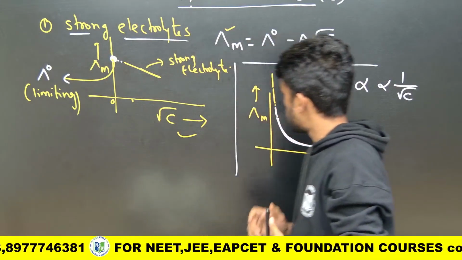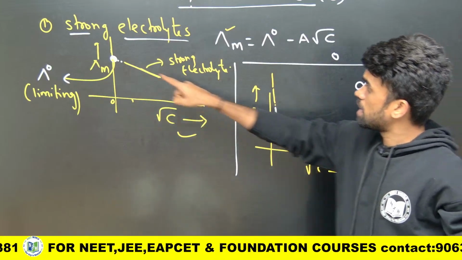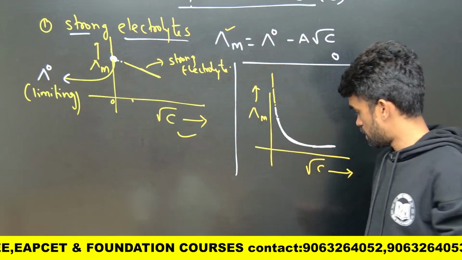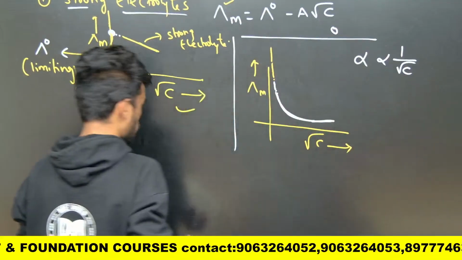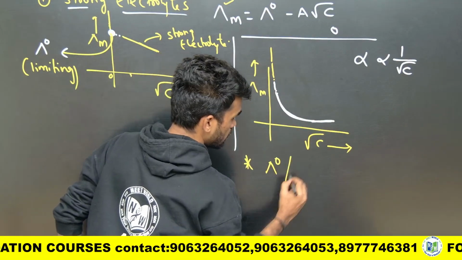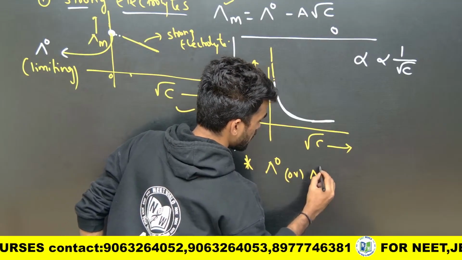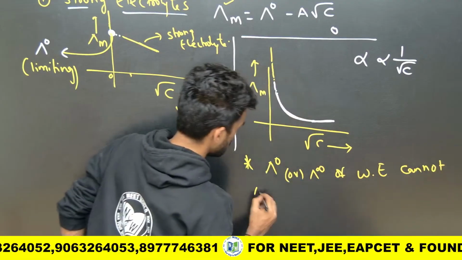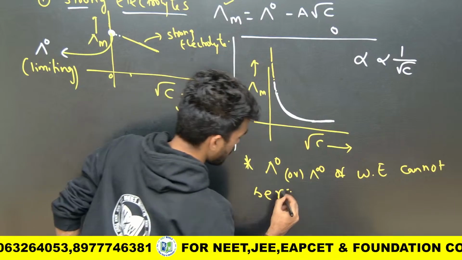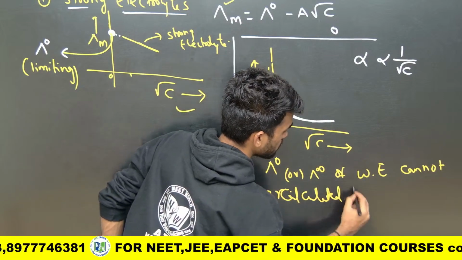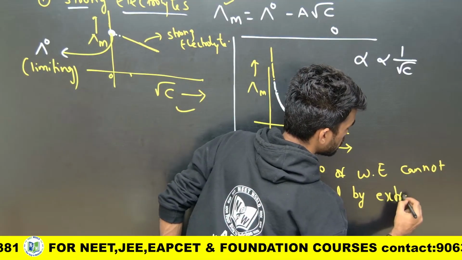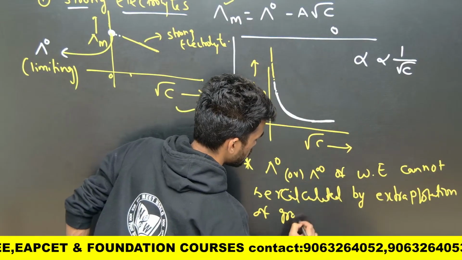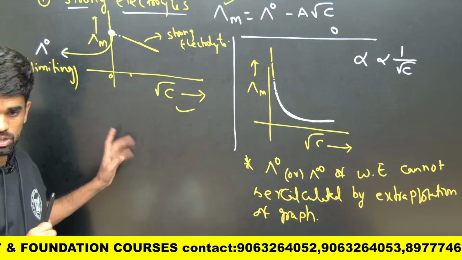One more thing you need to know: the limiting molar conductivity of strong electrolytes we have calculated just by extrapolating, but it is not possible in the case of weak electrolytes. So the point we need to highlight here is that Lambda naught, or Lambda infinity, of weak electrolytes cannot be calculated by graphical extrapolation of the graph for weak electrolytes, but for strong electrolytes we can calculate it.